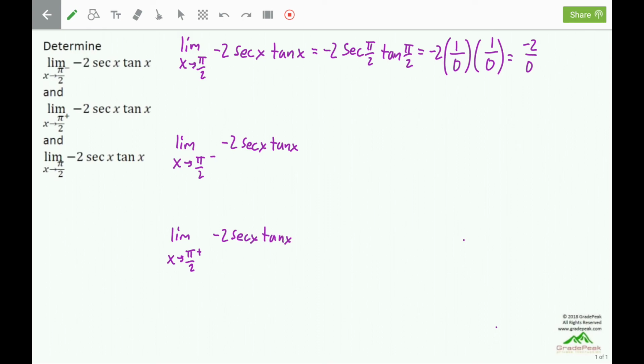Let's start with the left-sided limit. The first thing to do is to rewrite the trig function so we can see what is making 0 in the denominator. The secant can be replaced with 1 over cosine, and the tangent can be replaced by sine over cosine.